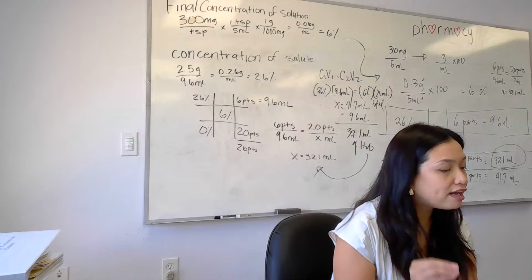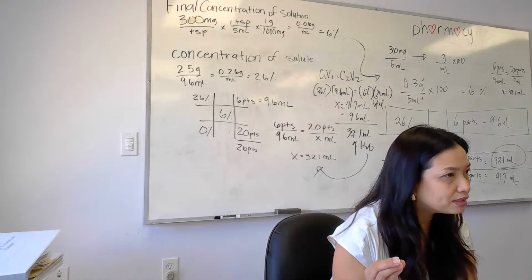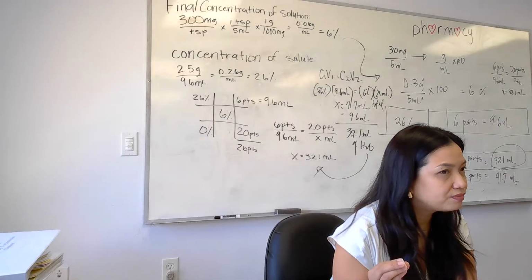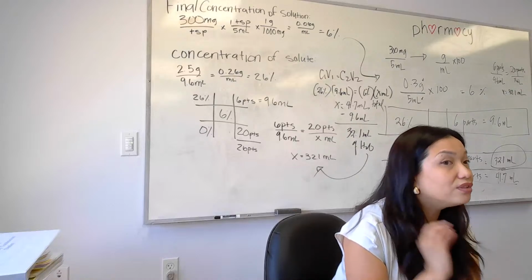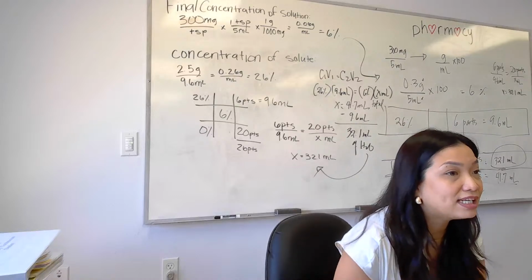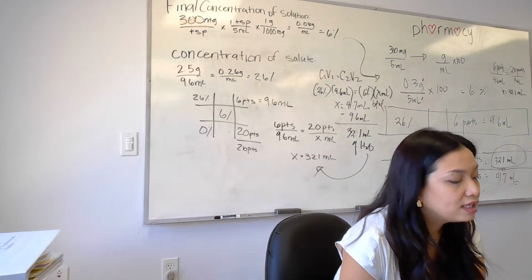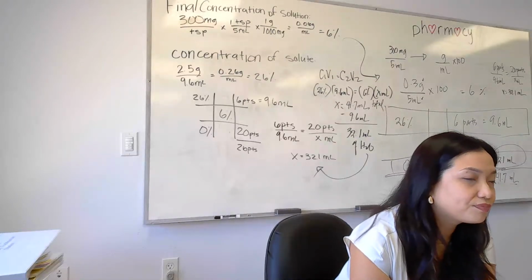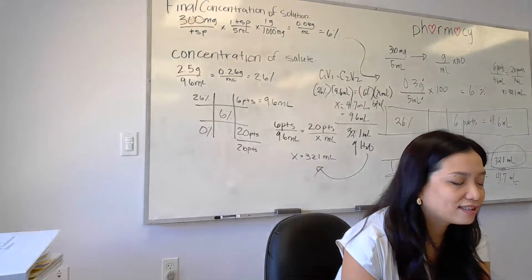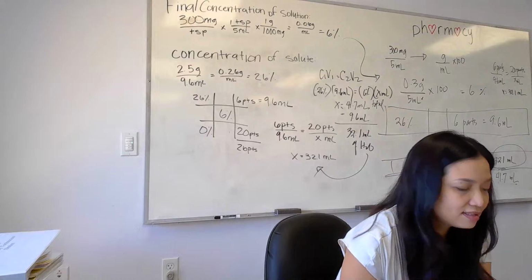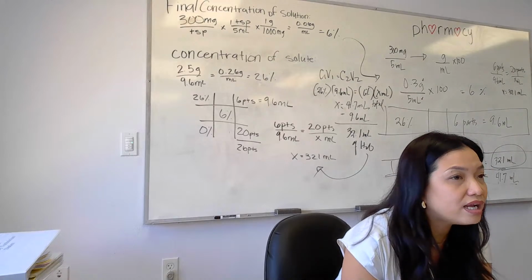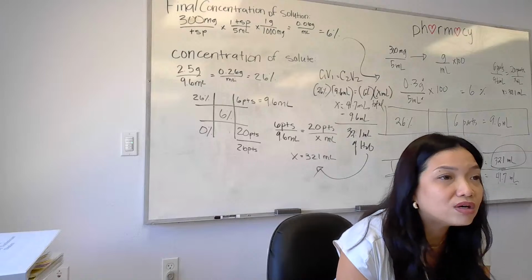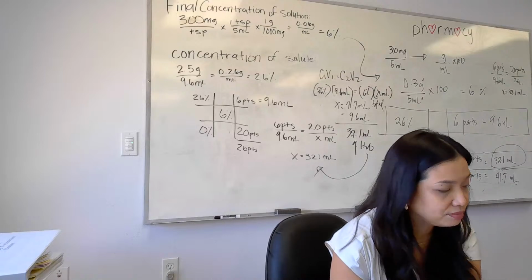Equals 5% times, what do I put in the next parenthesis? 2000 ml, because I know that volume should be in ml, especially in concentration. And what's the X going to be? Correct, 133.33 ml using C1V1 equals C2V2.